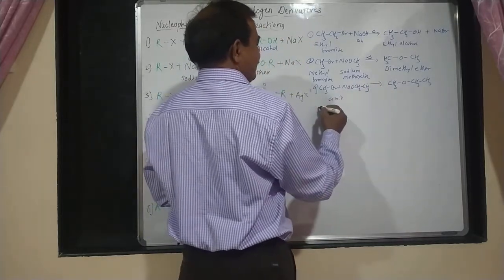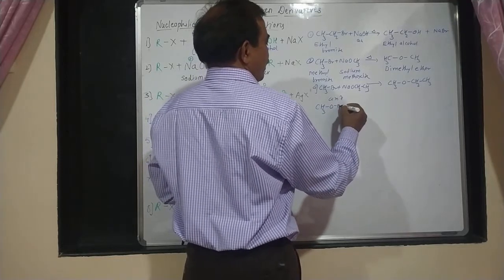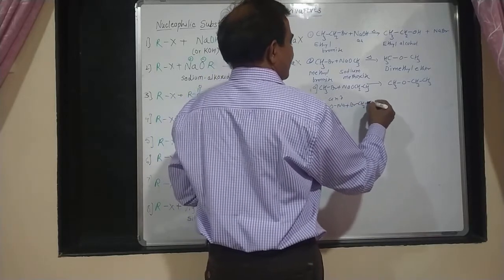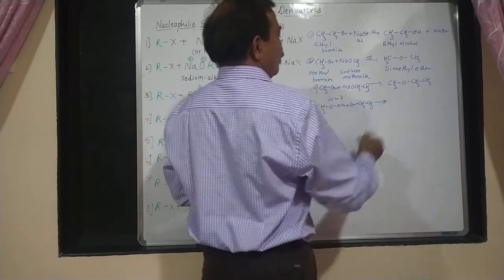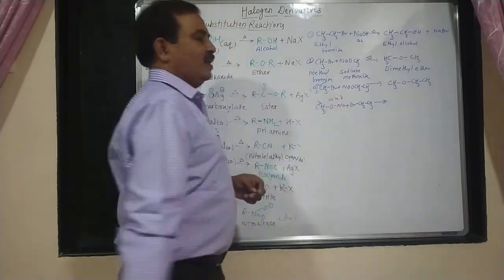Another option is CH3ONa plus BrCH2CH3. Like this, there are two options, but the first one is correct, the second one is not correct.